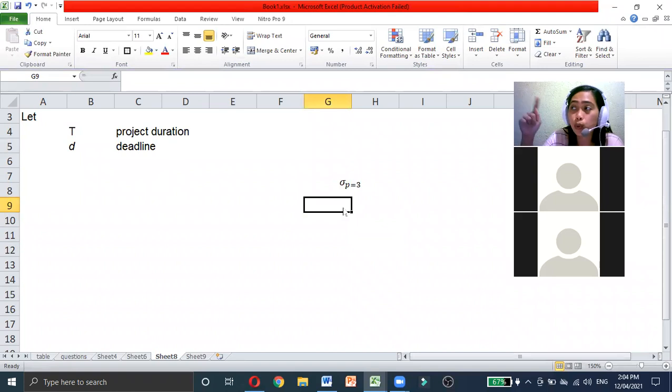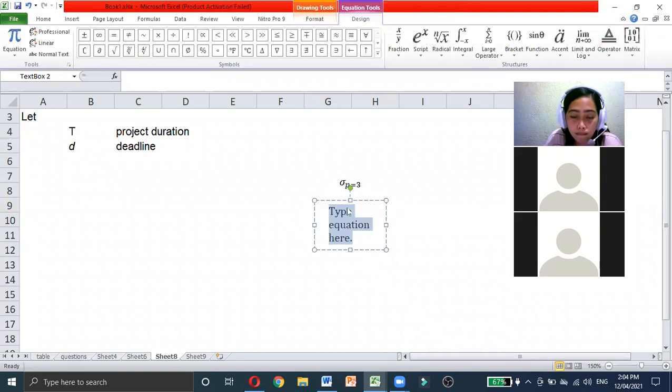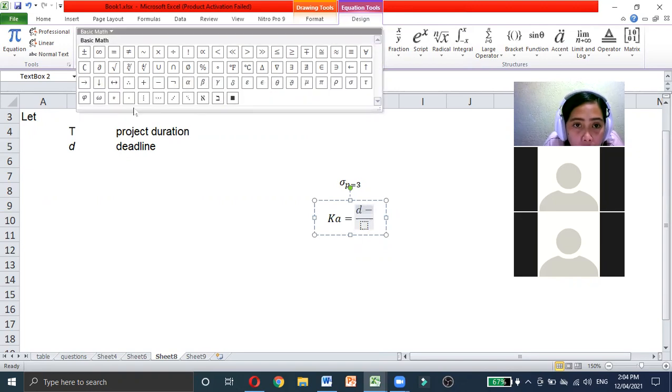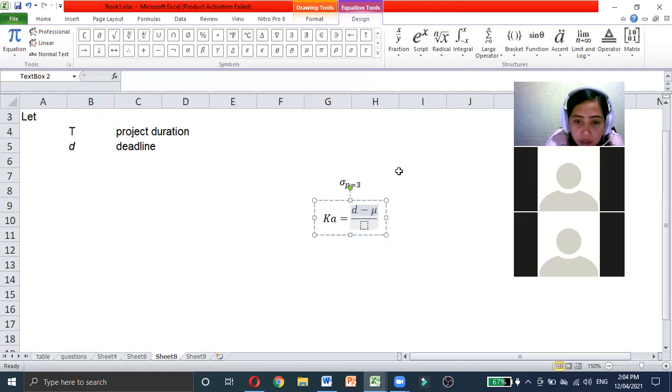Z is equal to the mean minus x over the standard deviation. So it is the same thing here, only a different one is used, which is z equals the deadline minus the mean over the standard deviation.